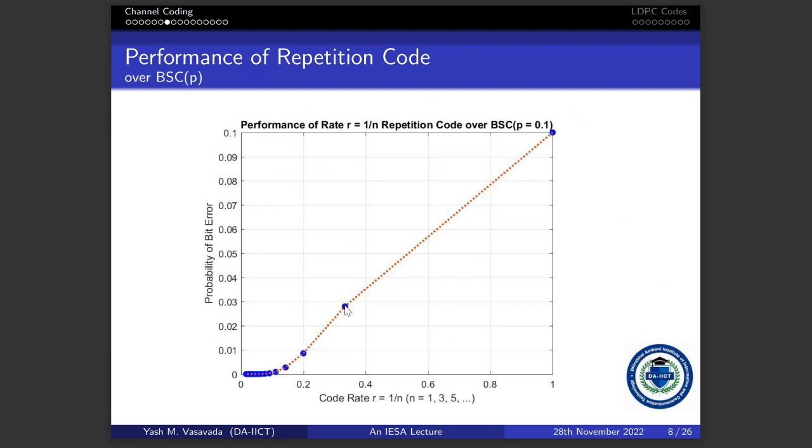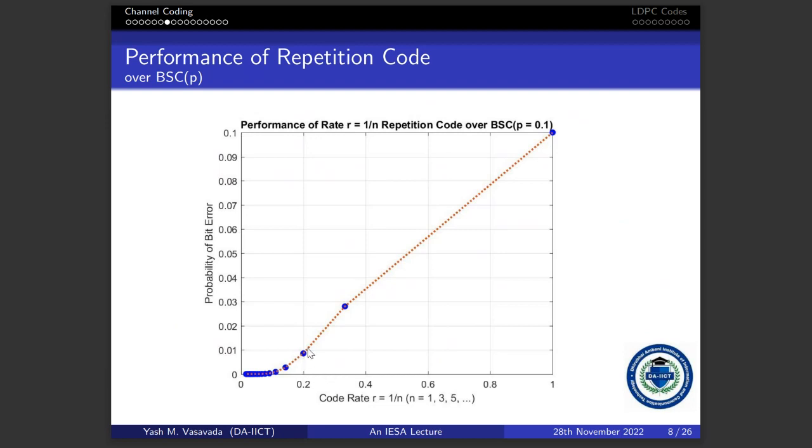Only 3% of the bits that I'm sending are now in error, although the actual physical channel is flipping the bits 10% of the times. The price that I paid is that my rate became also 1/3. I'm using the channel only 1/3 of the time. The remaining 2/3, I'm just repeating the same bit over and over again.